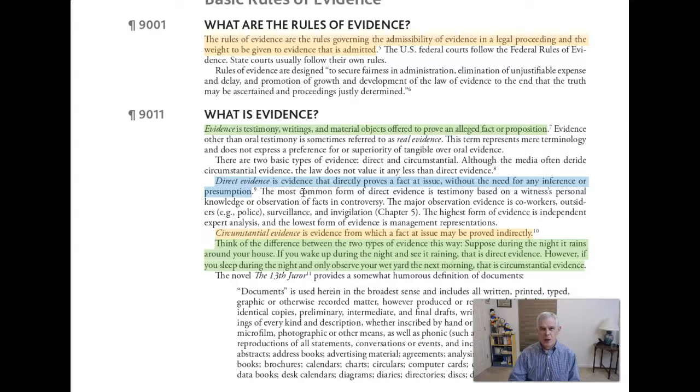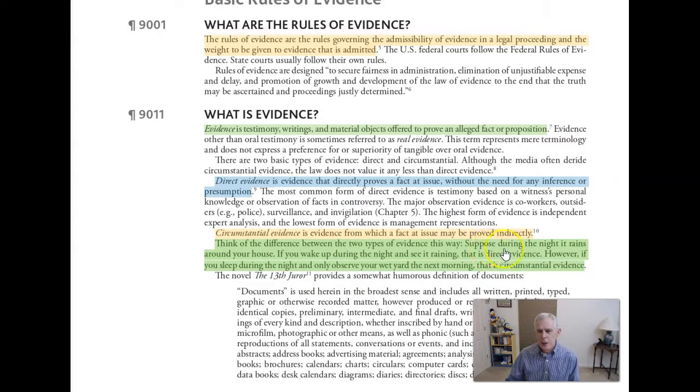You might think, oh, well, circumstantial evidence, that's sort of secondary evidence, and it may or may not be reliable and so forth. Well, it is used. And as you know, that circumstantial evidence is evidence from which a fact at issue may be proved indirectly. Okay?